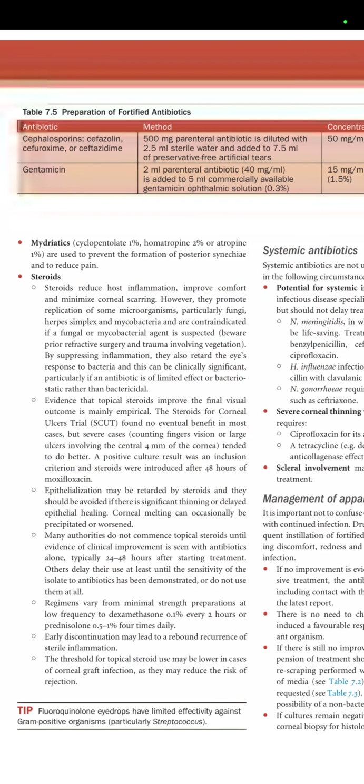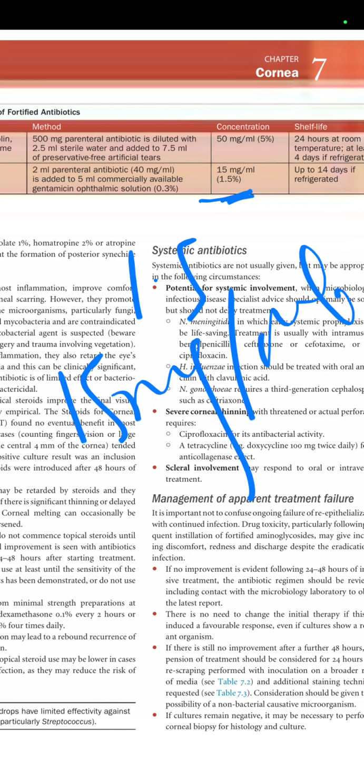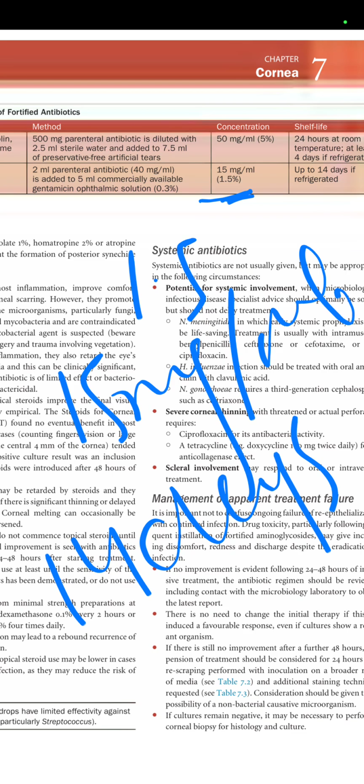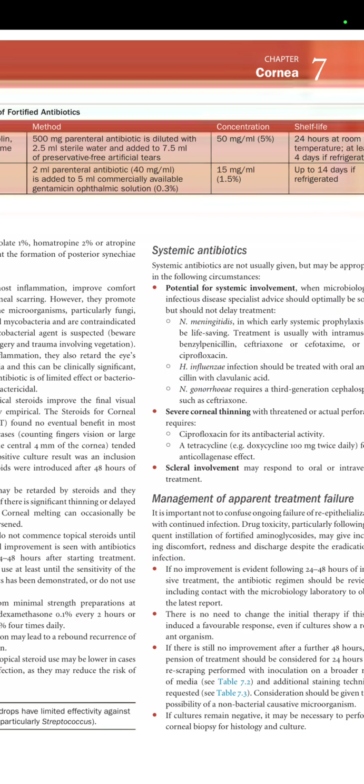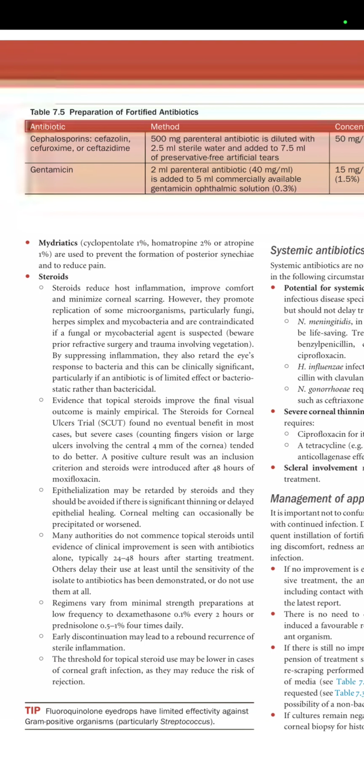Then there is gentamicin. Gentamicin has a concentration of 1.5%, that is 15 milligrams per ml, and can be stored up to 14 days if refrigerated. How we make this antibiotic: 2 ml of the parenteral antibiotic at 40 mg per ml is added to 5 ml of commercially available gentamicin ophthalmic solution.